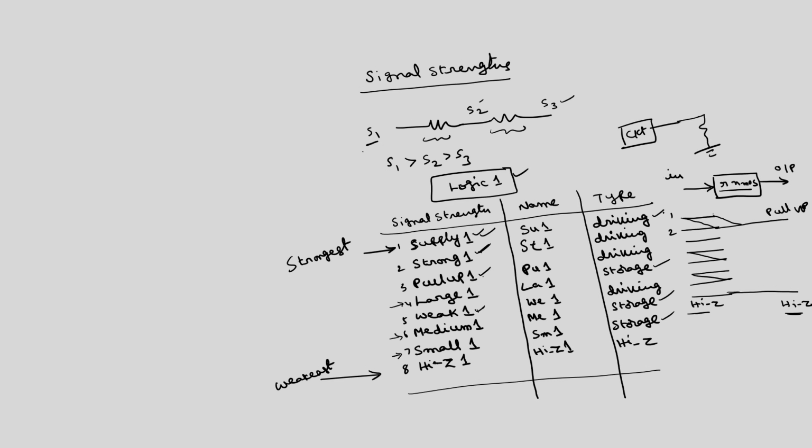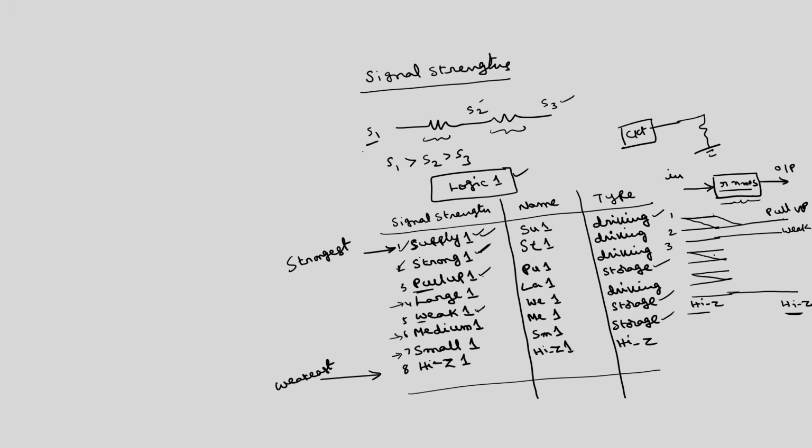If I give the input as either supply 1 or strong 1, the output will be pull up, because in RNMOS there will be resistance, so there will be some voltage drop. Because of that, these two levels come to pull up. Similarly, the third level, pull up, will come to weak. If I give the input as pull up, the output will be weak.